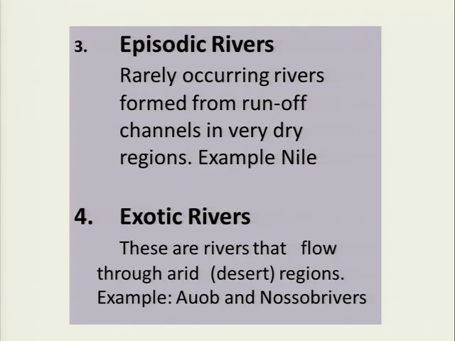Guys, it flows through the desert, okay, but it has a lot of water in it. Parts of the Nile is an episodic river, that is true, but a good example is the Orange and the Nosop rivers. Now, those are in Namibia, and you know that the largest part of Namibia is just desert, so the Auob and the Nossob rivers are huge rivers running through a dry land.